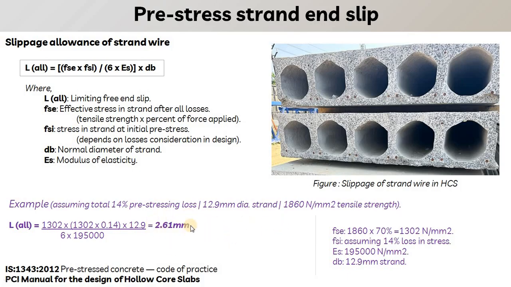This is the loss that you can physically check in this slab using a vernier caliper. By using the depth part, you can check the depth, which should not be more than 2.16 mm. So that is safe, or we can say the allowed slippage in strand wire.